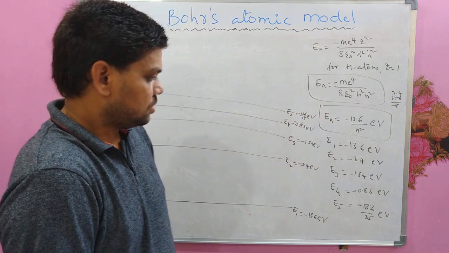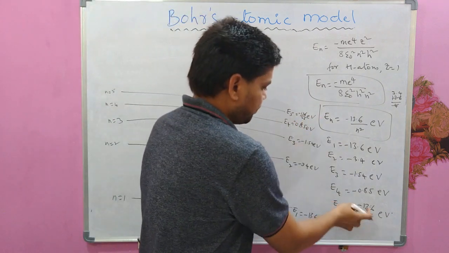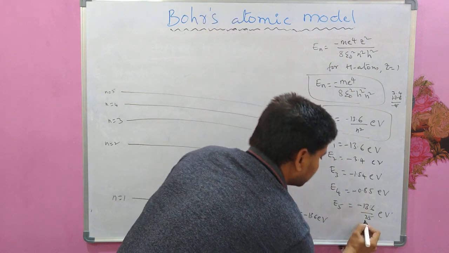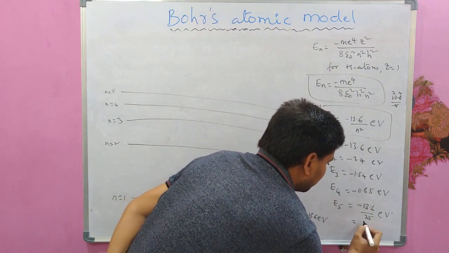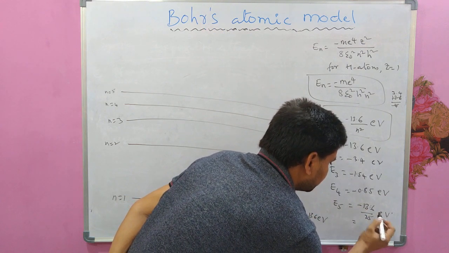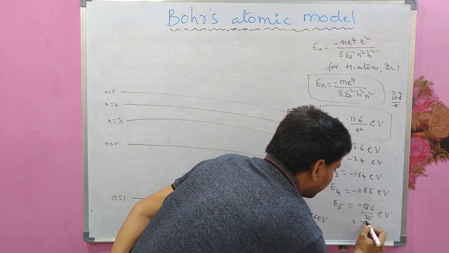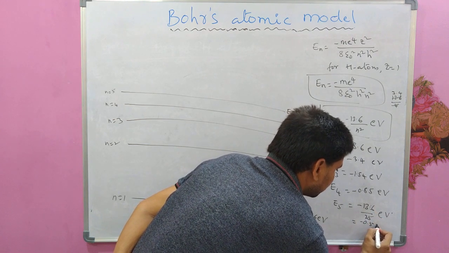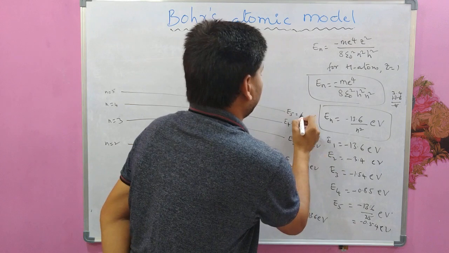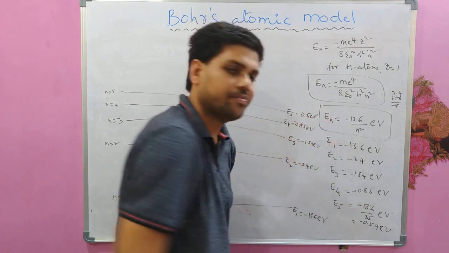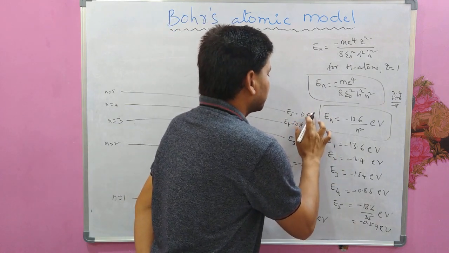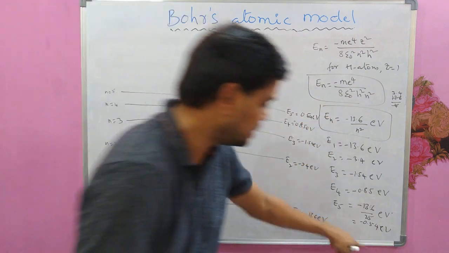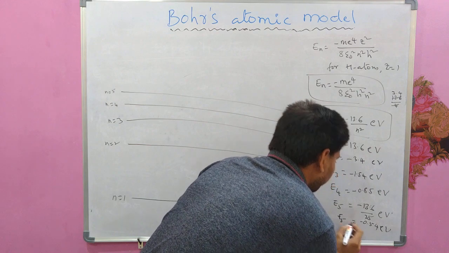It will be around minus 0.54 electron volt. You have to remember these for the examination.